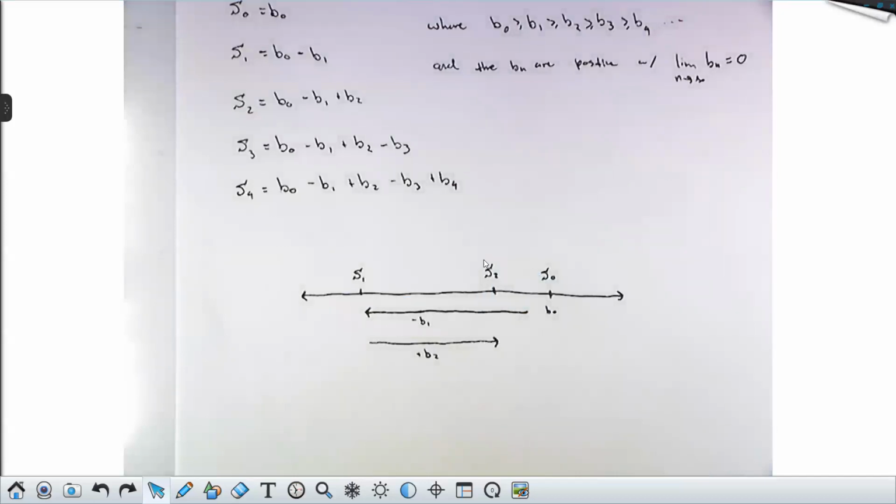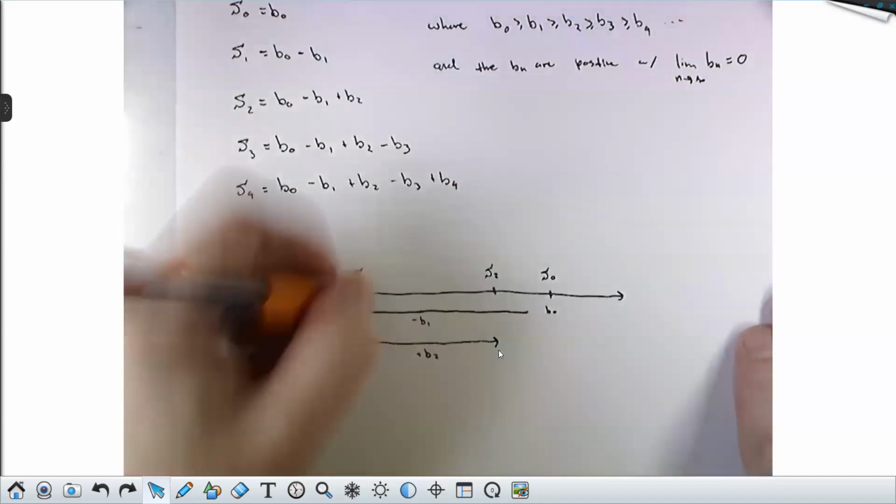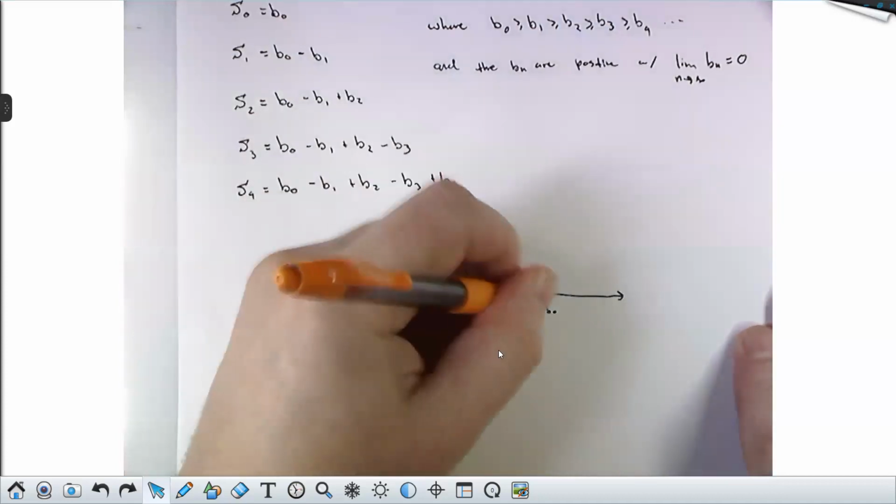Okay, now how do I go from S2 to S3? Well, here's S2, here's S3. The only difference between S2 and S3 is that we've got a minus B3. So that means I'm walking back to the left. I'm subtracting something positive. That takes me to the left. But because B3 has to be smaller than B2, I'm going to go back this way, but no further than this. I'm going to go back a smaller distance than this. So let me put some little tags here to help us keep track of where we're at.